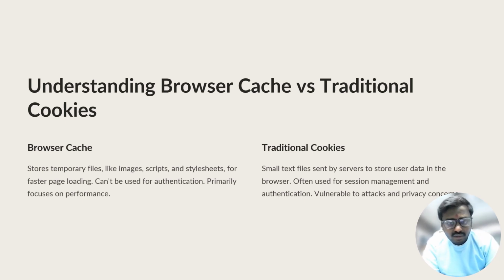Whereas cookies are text files sent by the servers, and they have many advantages and disadvantages. Some websites may attack the user's devices with cookies, so don't allow cookies if it is not necessary.